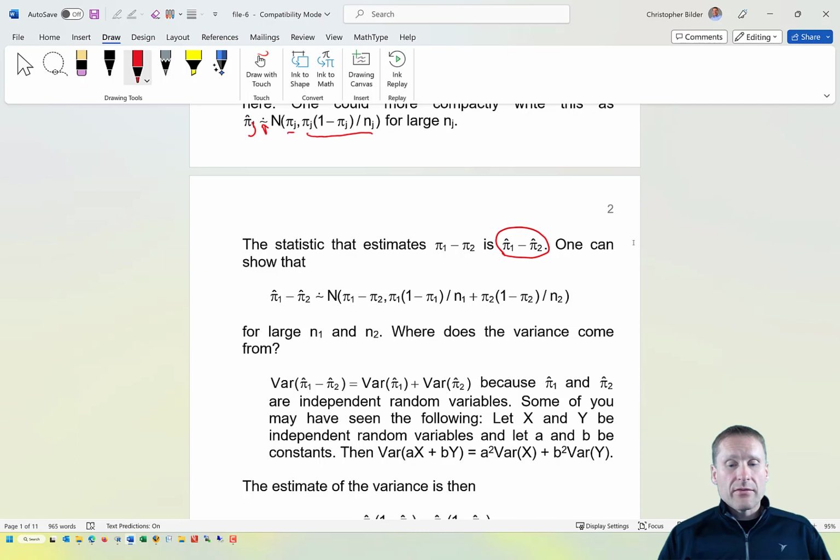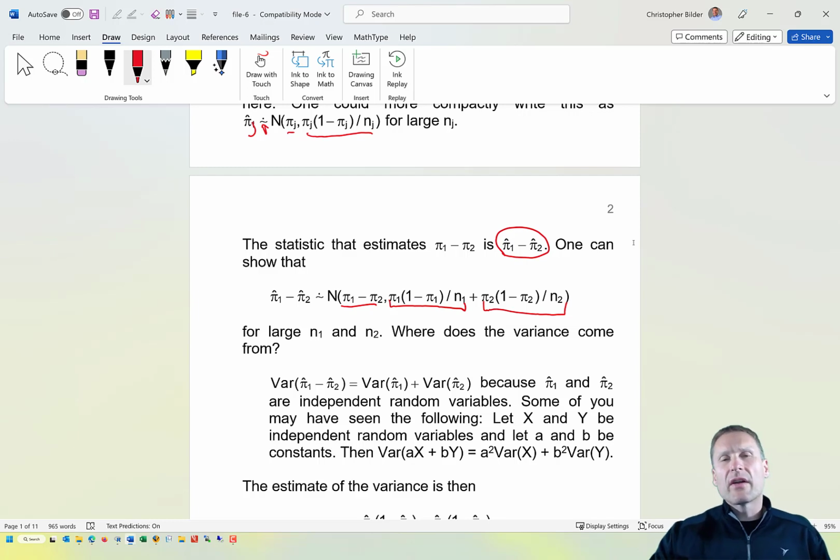Think of this as a random variable, and one could show that this statistic also has an approximate normal distribution, where the mean of that normal distribution is what we're trying to estimate, pi1 minus pi2, and the variance is simply the sum of the two variances that we had previously for pi hat 1 and pi hat 2. Again, this all works if you have a large number of trials for group 1 and for group 2.